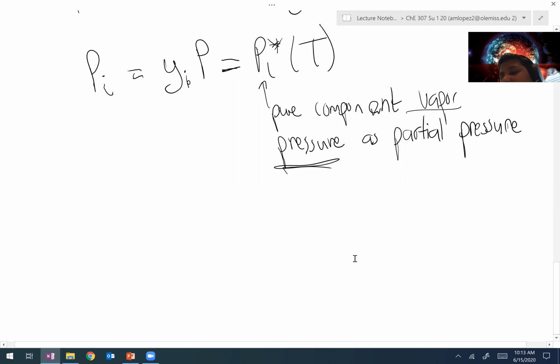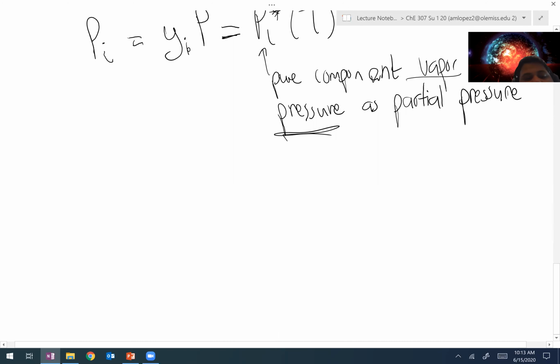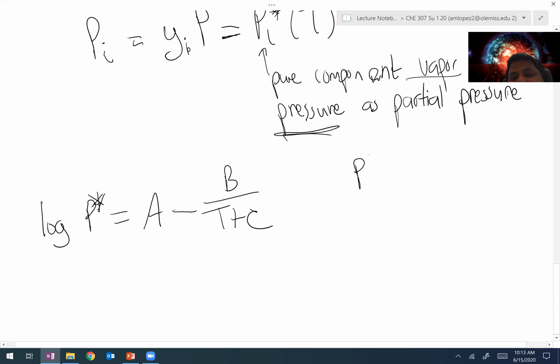And so what we can do is look up the Antoine constants for water. And with that in mind, we can calculate the vapor pressure of water. So we have log P star equals A minus B over T plus C, where P star is in millimeters of mercury and T is in Celsius.